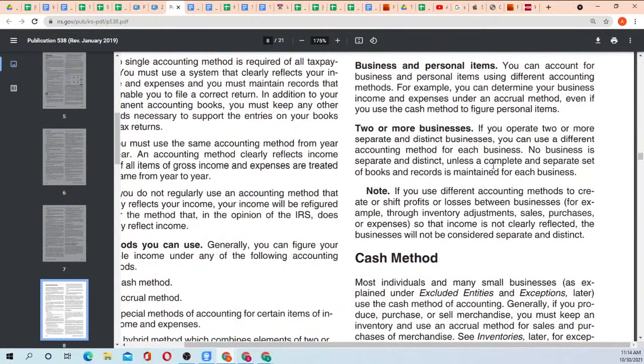If you operate two different businesses, if they are really separate, you can run them under different methods of accounting.